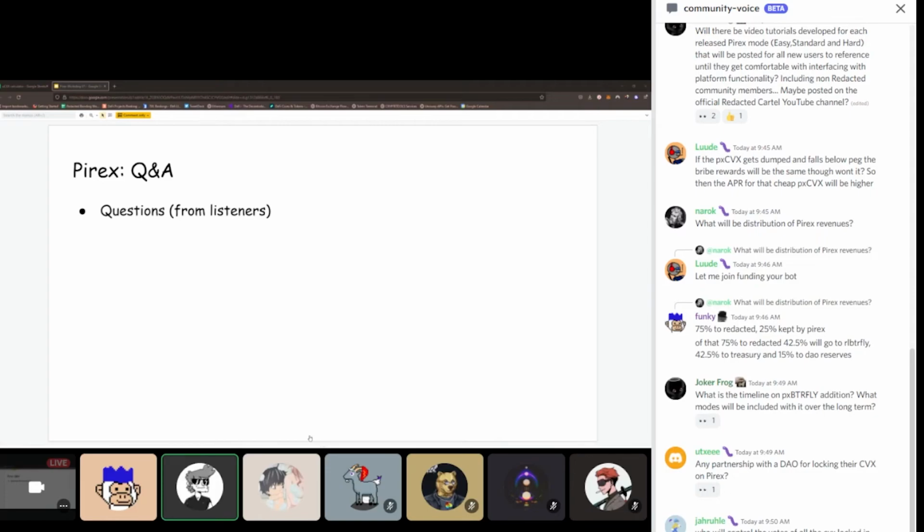Who controls the votes of all the CVX locked in Pyrex? So users could control the votes themselves by minting DFM. We are discussing just having PX voting, or it's just going to PX CVX. But that was a complication because, well, never mind.